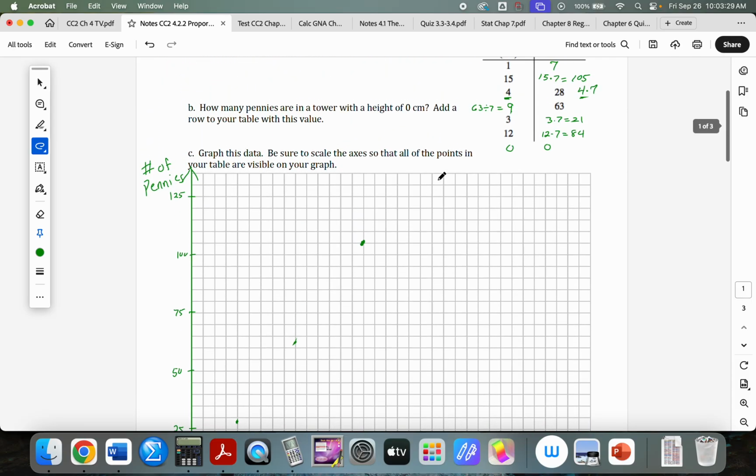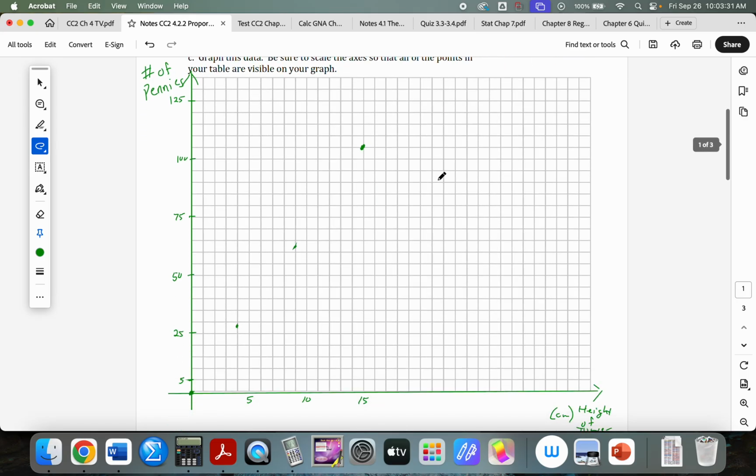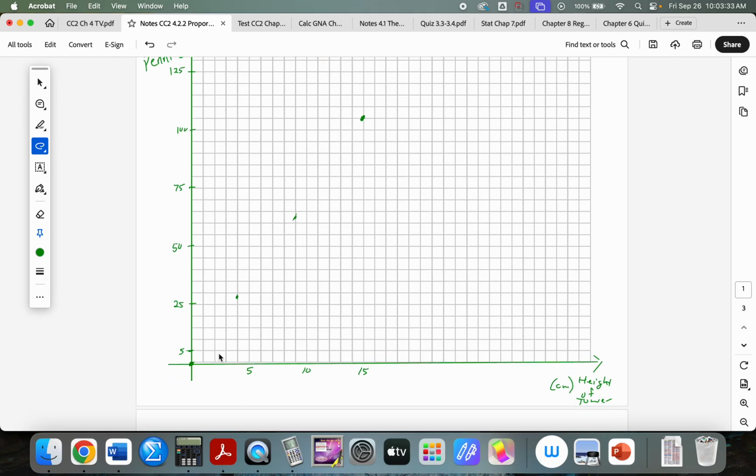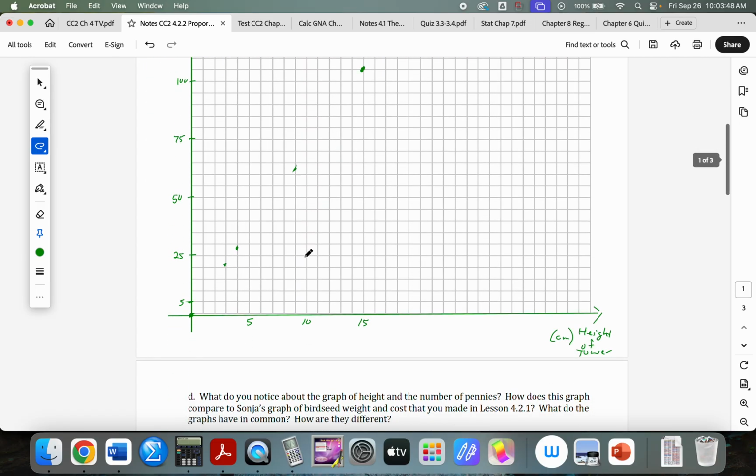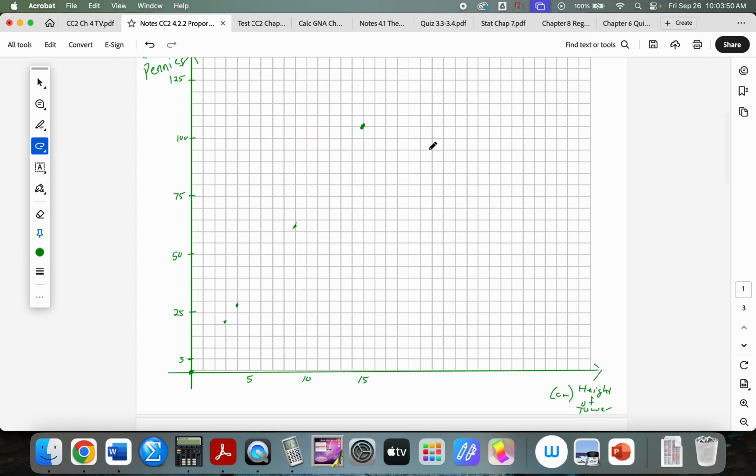Right about there. 3 is 21. So just barely above the 20. And we have 12 is 84. So that's 75, 80, not quite to 85.